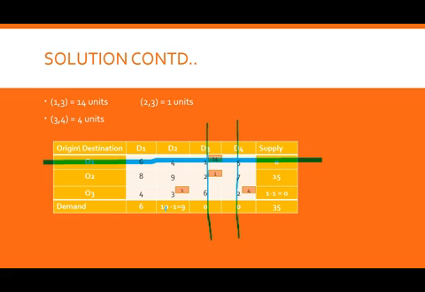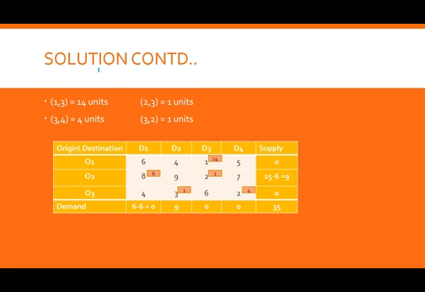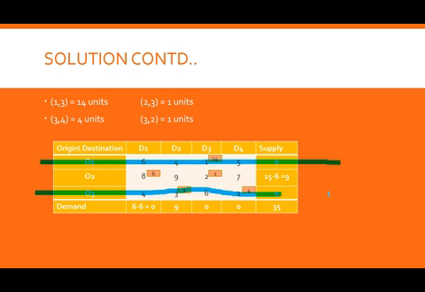Here demand is 10 minus 1, 9. So this row gets cancelled off. Okay. At 3 comma 2, 1 unit has been transported. So this row went. Next this row went. This column has gone and this column is gone.